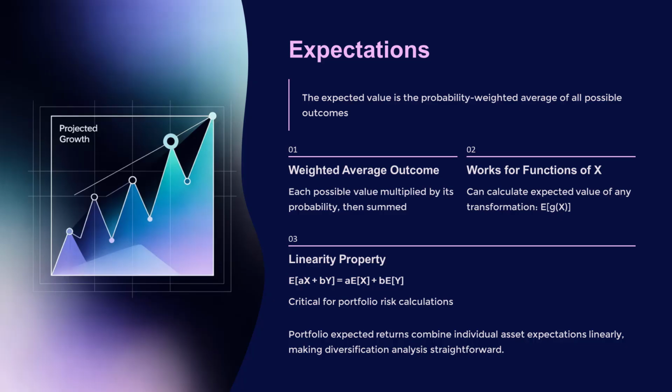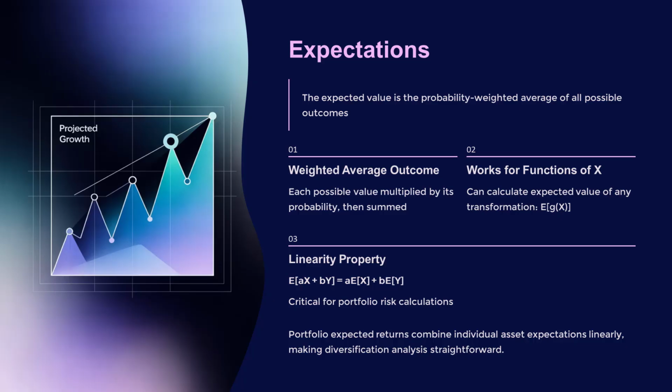Expectations. The workhorse of risk management. The expectation of a random variable is its weighted average outcome. Formally, E of x equals the sum of x times its probability for all possible x. This is where probability meets finance, because expected value is central to pricing, valuation, and capital modeling. Expectations also extend beyond raw variables.